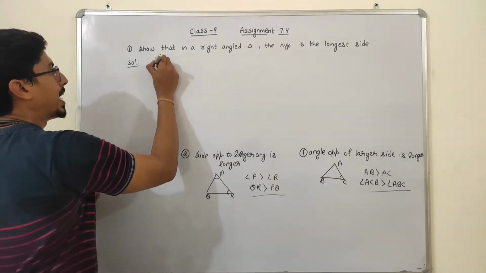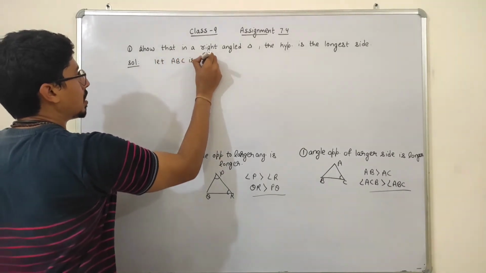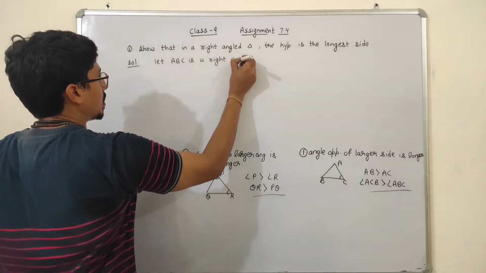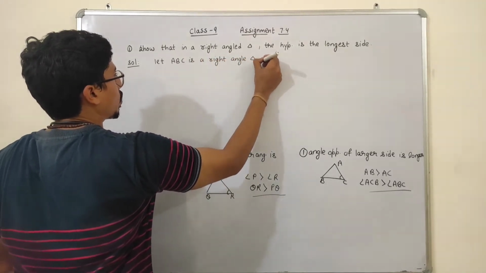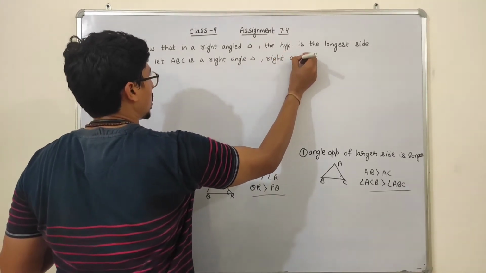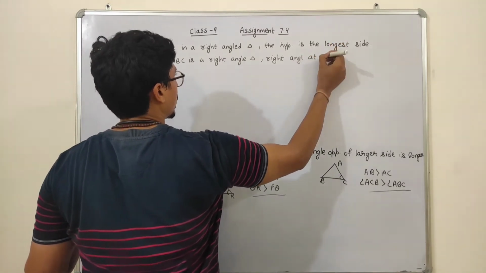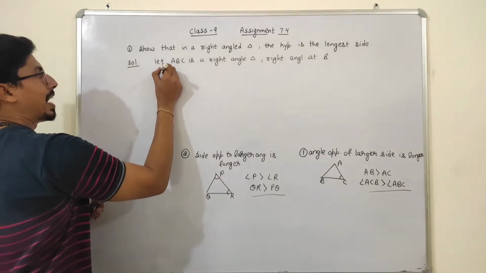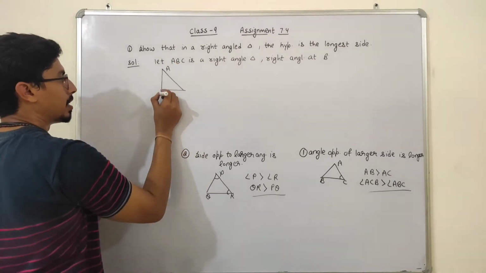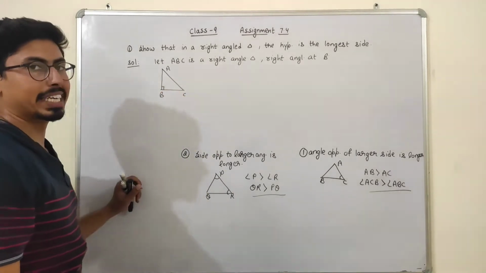Let ABC be a right angle triangle, right angle at B. So I have considered that ABC is a right angle triangle in which angle B is 90 degrees.